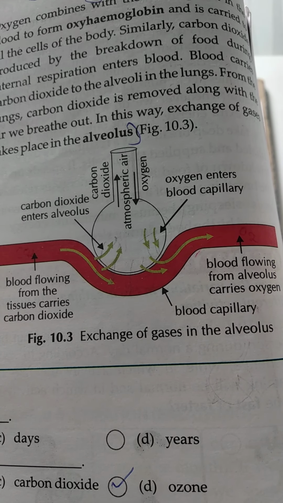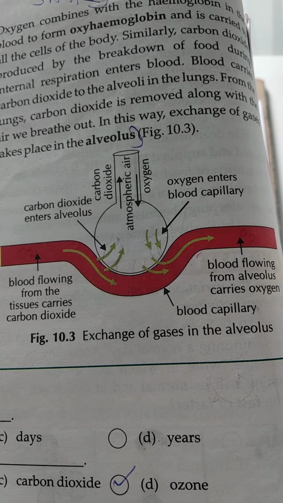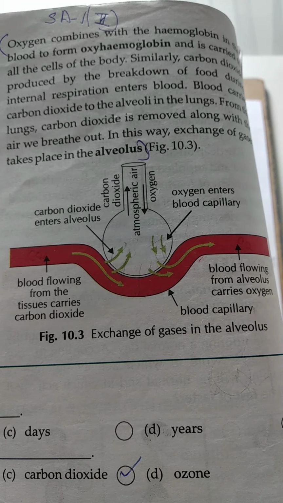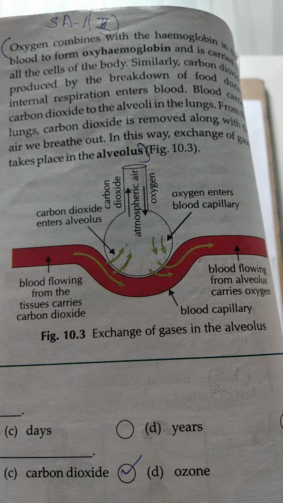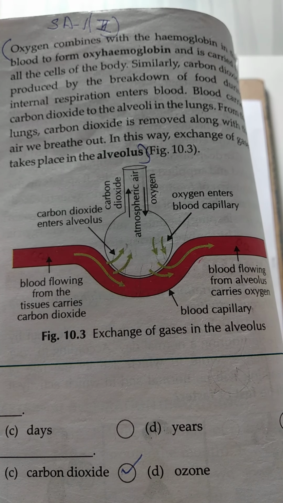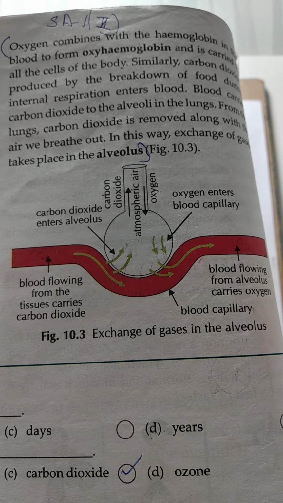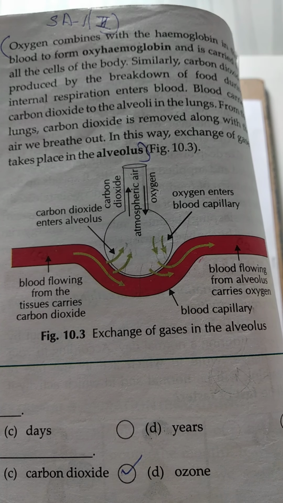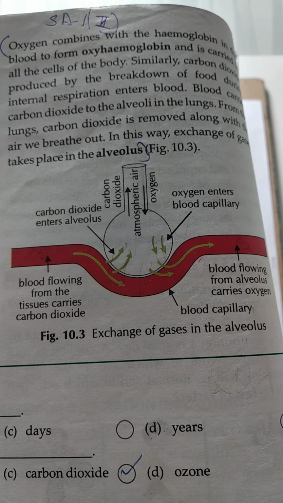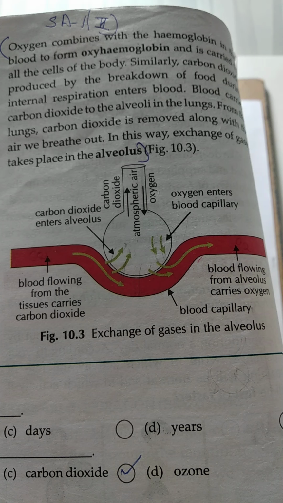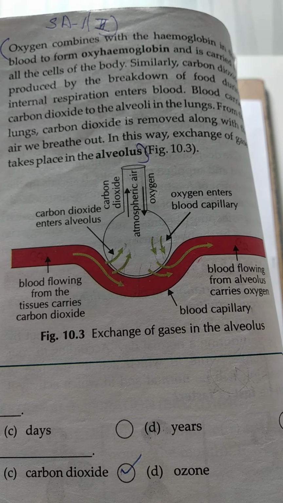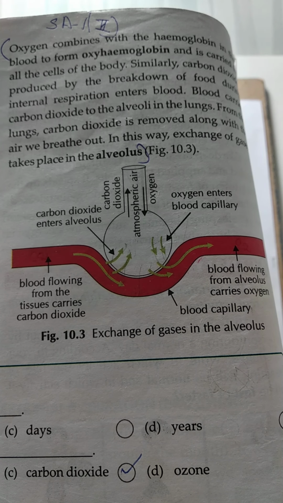Because of the presence of a pigment called hemoglobin, right? This hemoglobin has a great affinity for oxygen. Oxygen easily gets linked with the hemoglobin, and when it gets linked with the hemoglobin, it becomes oxyhemoglobin. So oxygen combines with the hemoglobin in the blood to form oxyhemoglobin, and it is carried to all the cells of the body, right?